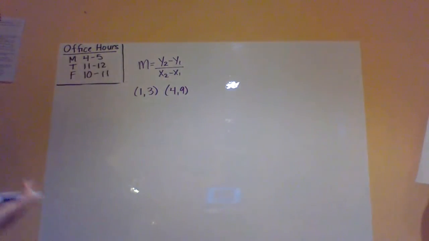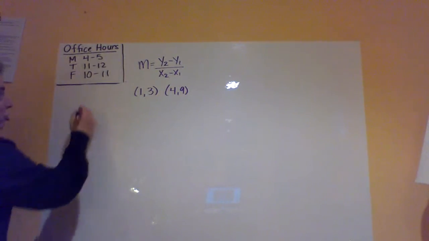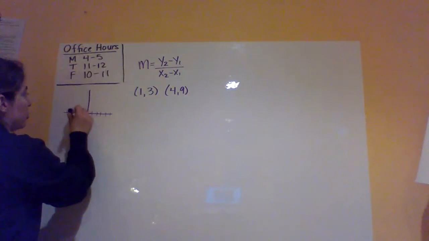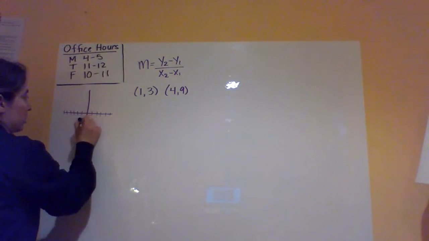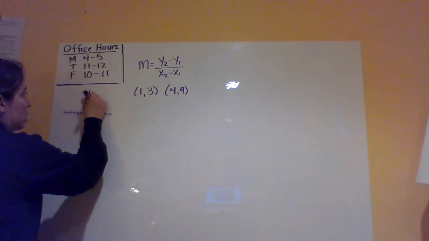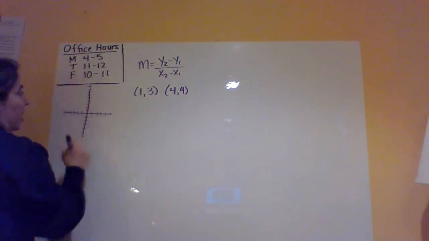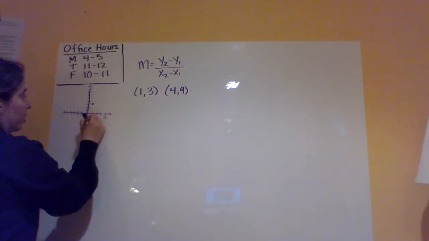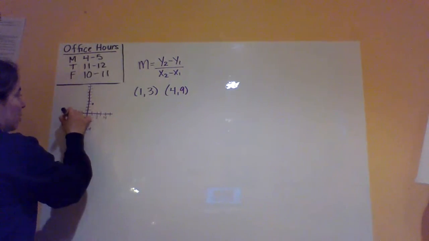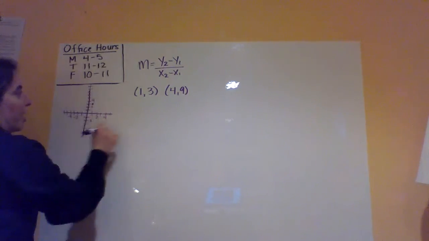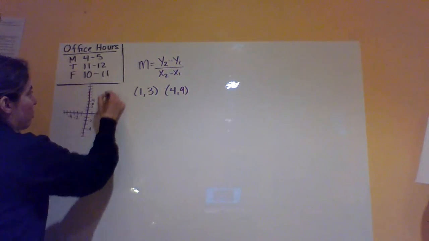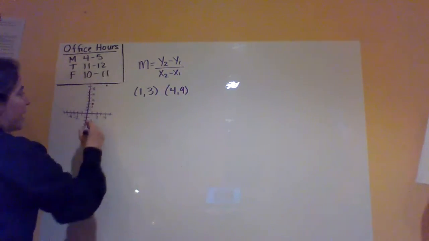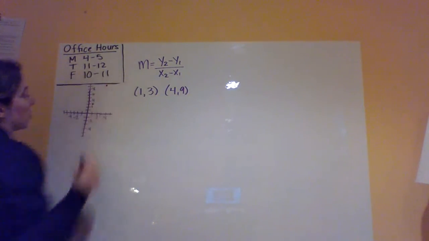Now generally we can do this without graphing, but let's just graph a little sketch here, just so we know what we're looking at. Okay, so (1, 3) would be right here, right? I'm assuming I'm counting by ones here. And then (4, 9) would go over to 4 and up to 9. Okay. So then, these are those 2 points.